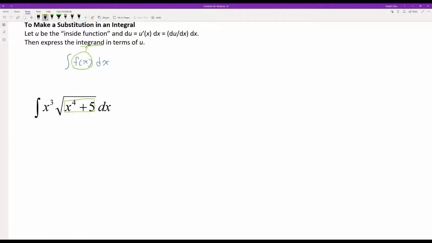We know that the derivative of x to the fourth plus 5 is equal to 4x cubed. You can actually see x cubed right here, which tells us that it came from the chain rule. So in this case, it will be a nice approach to perform substitution, or U sub.